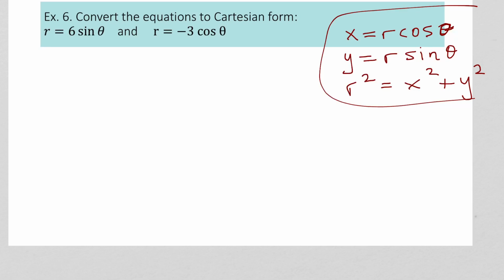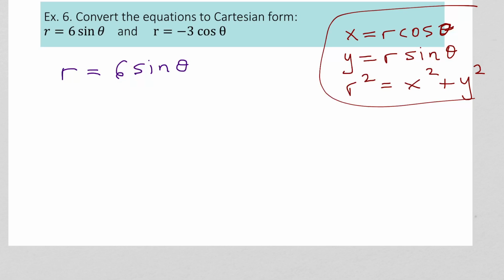Next, we're going to convert these equations from polar coordinates to Cartesian coordinates. So we're going to go in the other direction now. We've got an r and a theta, and we want to change to x and y. So we start out by saying if we have r is equal to 6 sine of theta, we want to introduce an r into the equation so that we have an r squared and an r sine of theta.